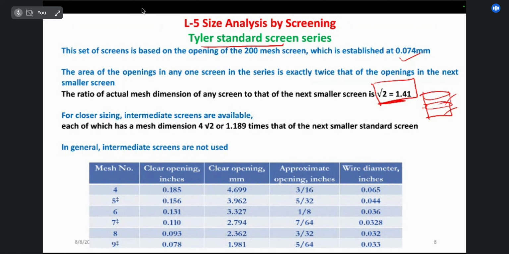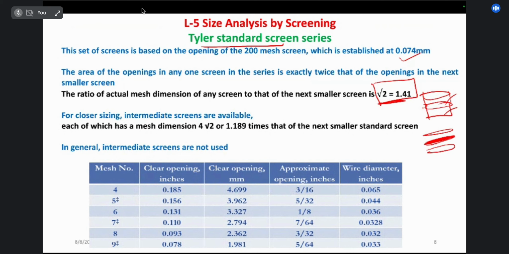There are many questions like this even in the assignment questions: in the Tyler screen, the ratio of the mesh dimensions is which value? It is always √2. If some intermediate screen is available between two screens, that intermediate screen has a mesh dimension of the fourth root of 2, or 1.189 times that of the next smaller standard screen.